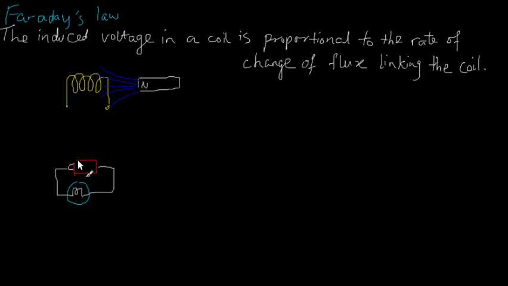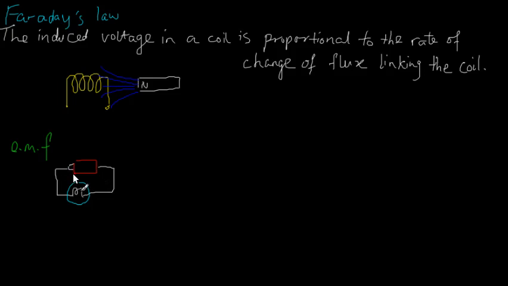Now recall what we have learned about the battery. The battery supplies an EMF, an electromotive force. If you remember, this is the work done to bring a unit charge, like 1 coulomb, around the circuit once. So that's the EMF.